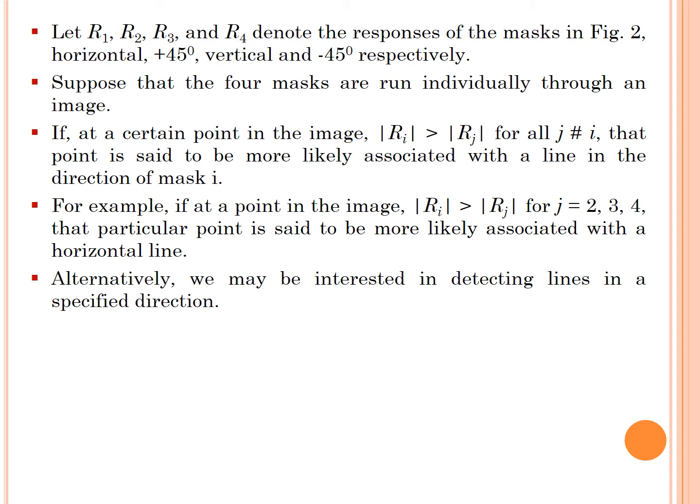If at a certain point in the image |Ri| is greater than |Rj| for all j not equal to i, that point is said to be more likely associated with a line in the direction of mask i. For example, if at a point in the image |R1| is greater than |Rj| for j equal to 2, 3, 4, that particular point is said to be more likely associated with a horizontal line.